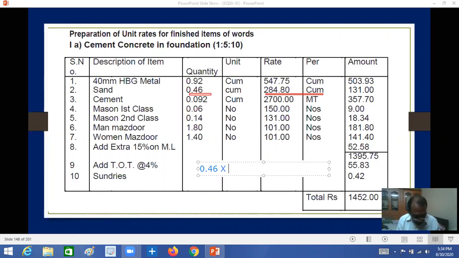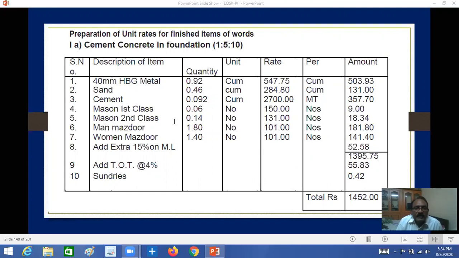What is the rate? 284.8 rupees. So this is equal to, you will get, 131 rupees. See, in this way you have to calculate, and for the next item similarly we calculate. Now metal, cement.